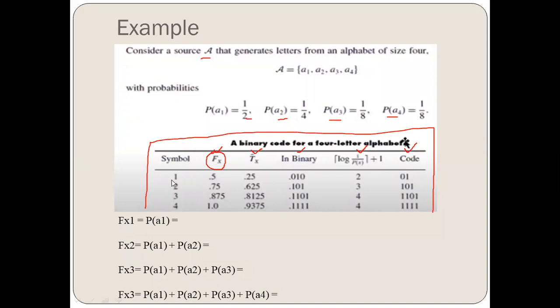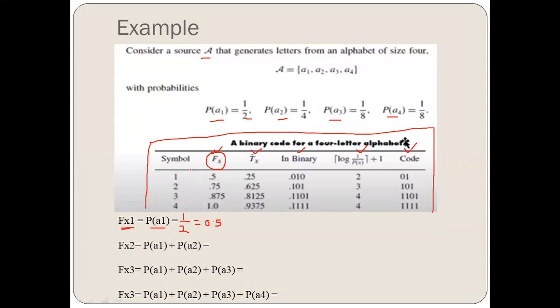So first, let's take symbol 1, that is ai. The function for the ai symbol is equal to the probability of ai, and what will it be? It is already given in the question, that is P(A1) is equal to half. So I can simply calculate it as half equal to 0.5, right?